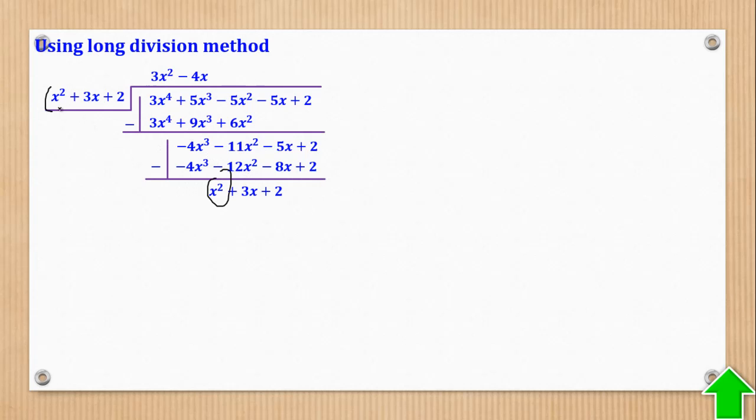This divided by this. Then 1 throughout this, you come up with this. Then you subtract the 2. There will be 0 because this is 0, 0, 0. So there is no remainder.